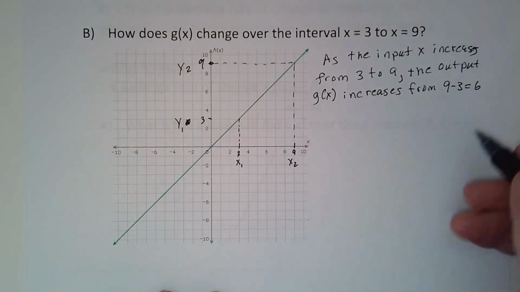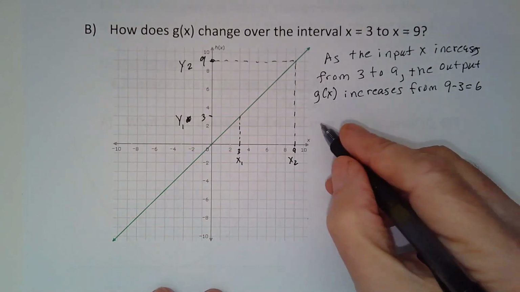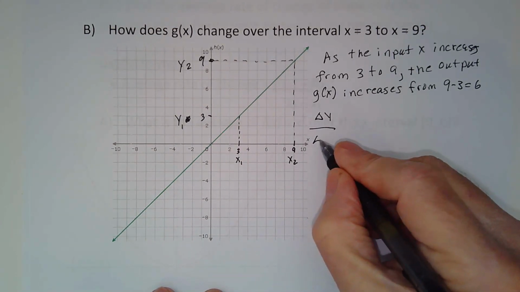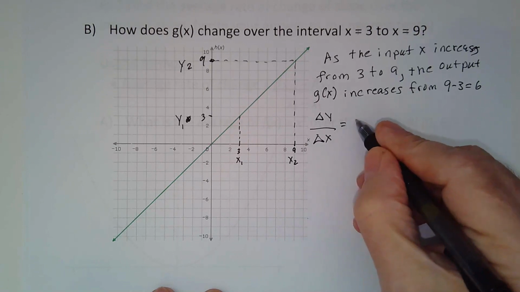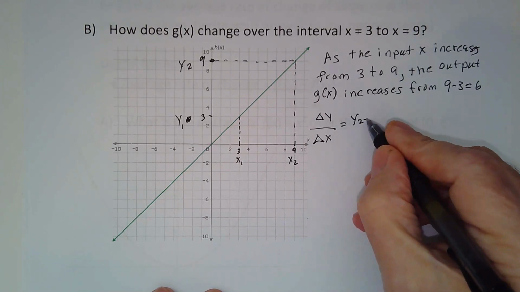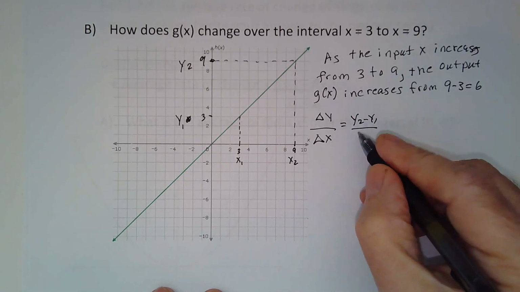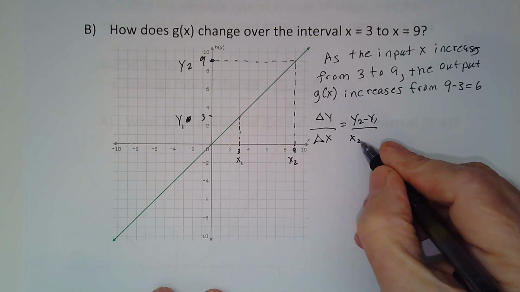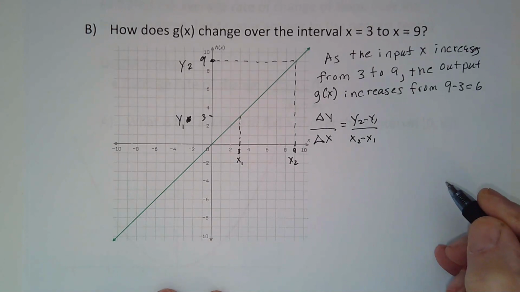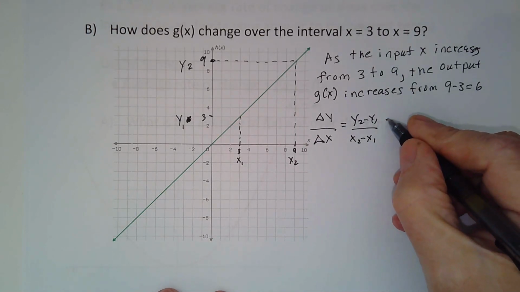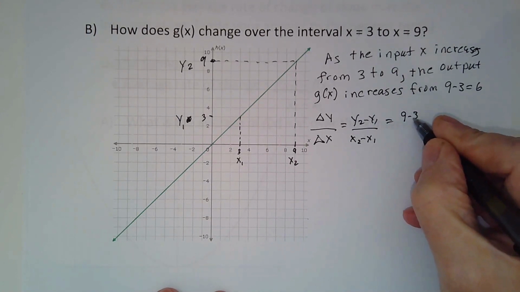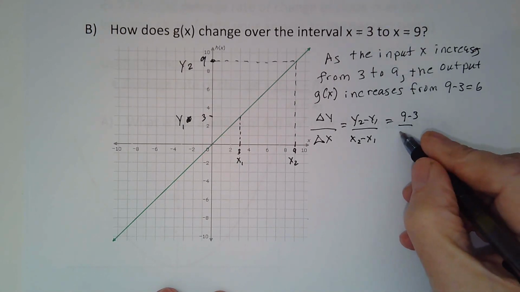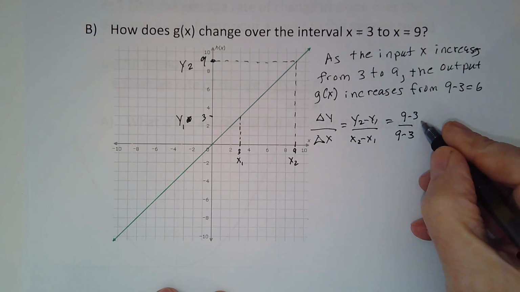All right, so let's put that into math form. Change in y over change in x equals y2 minus y1, same thing, slope, over x2 minus x1. And that equals 9 minus 3. Those are the y2 and y1 coordinates, and 9 minus 3, the x2 minus x1 coordinates.